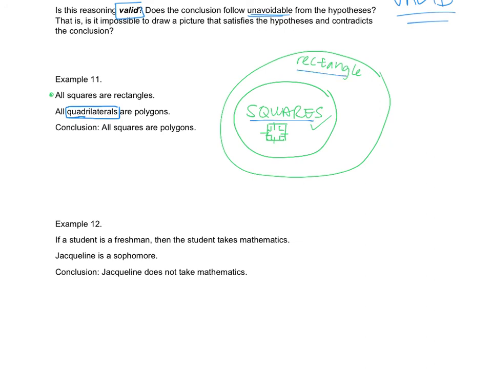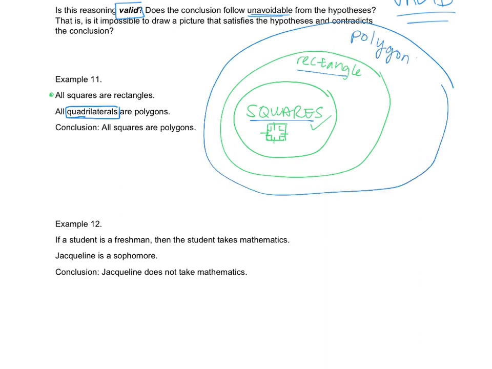This is actually kind of hidden information, but they must all be polygons then, because it said that all quadrilaterals are polygons. So we took care of that second statement. It wants us to conclude all squares are polygons. And of course, it has to fit like that because of where the squares fit in. So we would say that's valid. There's no other way to draw that picture.